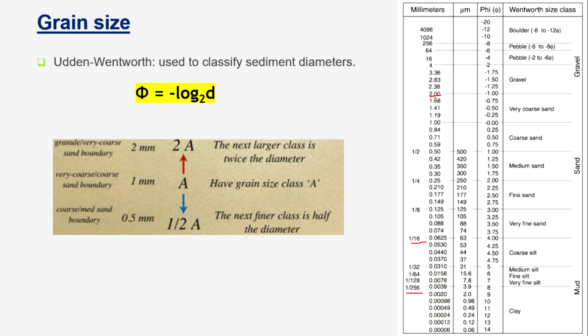So we can measure the diameter of the grains, and then we can modify it to the phi values. Given here on the right hand side, it shows the Udden-Wentworth scale and also the modified phi scale. So with this phi value we refer to the different grain size.